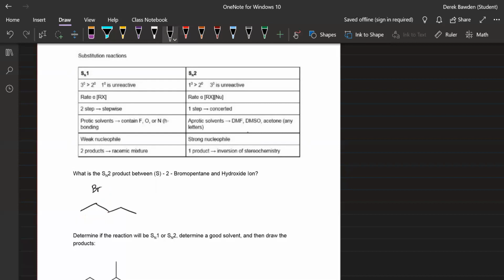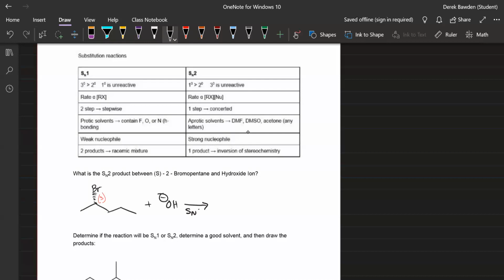We go back and we say, okay, we know our bromine is on dash. Okay. And we can double check that by saying, okay, our bromine's number 1, our hydrogen is number 4, number 2, number 3. Okay, it would be pseudo R, which means our original is S. Okay. So that checks out there. We know this is S. And then we have our hydroxide ion, which is just OH minus.